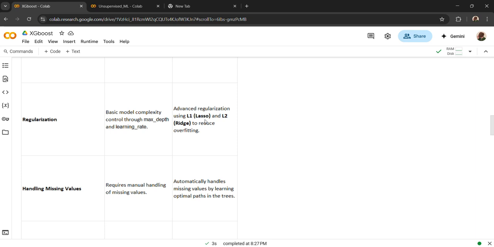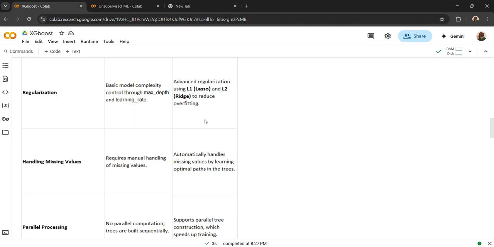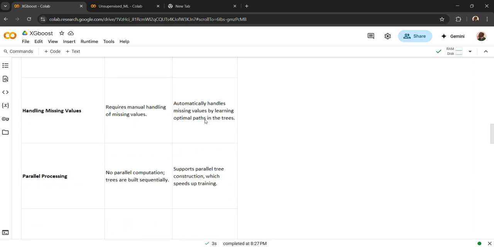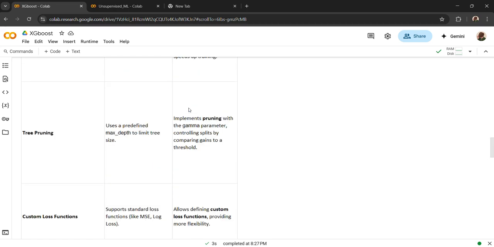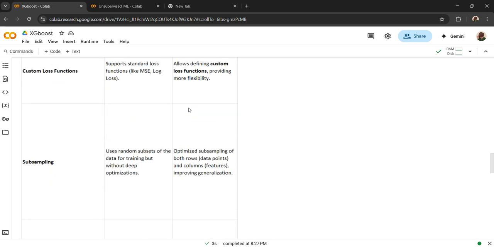Lasso and ridge regression, we also understood how the penalty is added to the error to reduce and shrink the parameters to overcome the underfitting and overfitting problem. And XGBoost automatically handles missing values by learning optimal paths, because gradient descent is what it will use to get the minimum error. It supports parallel tree construction and pruning, and a lot of things you can go through as part of theory.